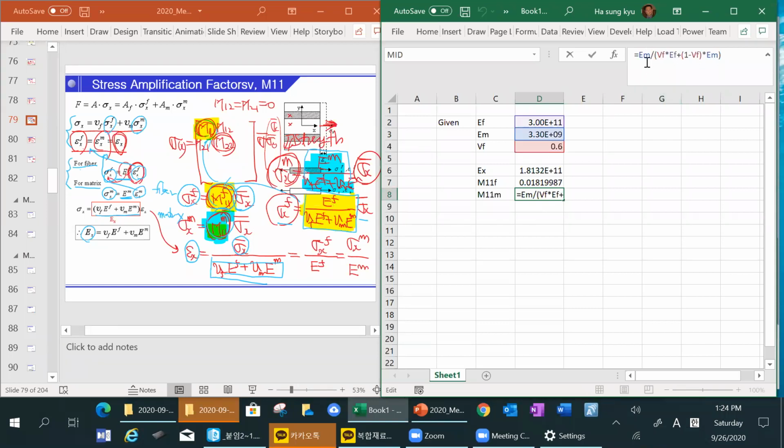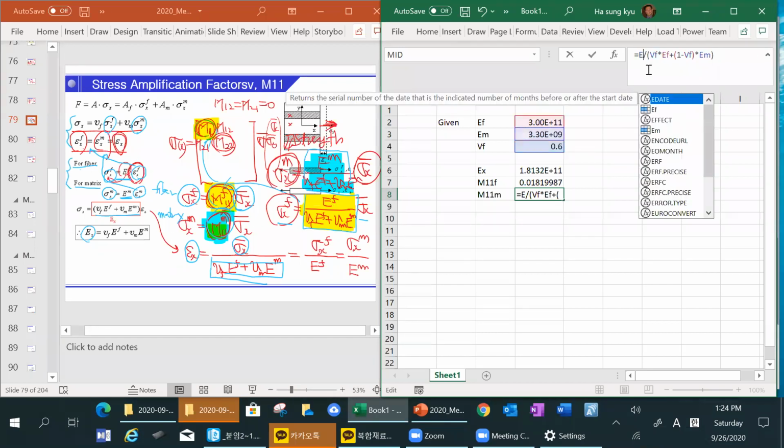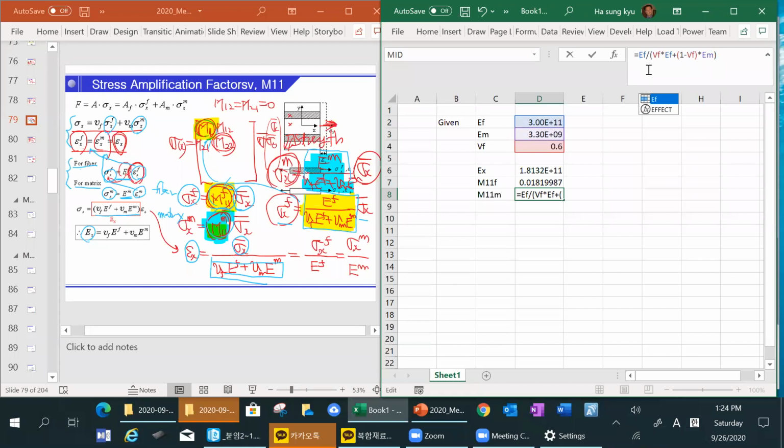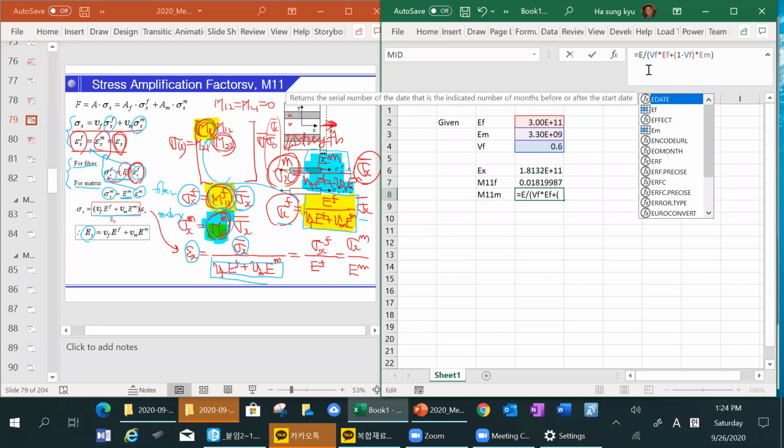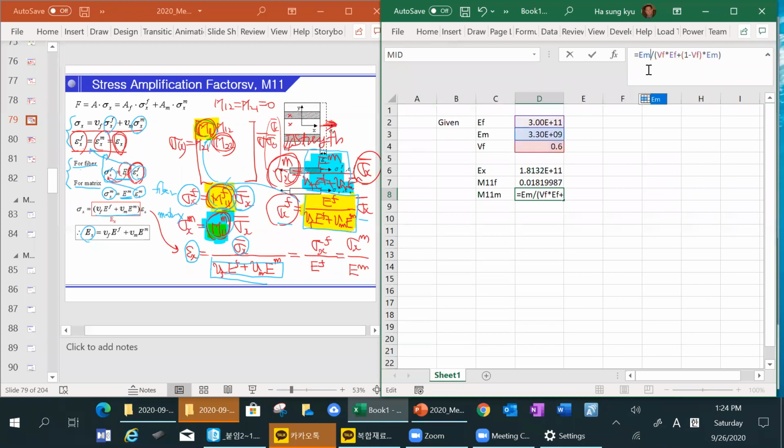All we need to do is just change this F to M. So this one, matrix, is the M, and fiber is the F. And by the way, these are the equations. Please pay attention to these values.